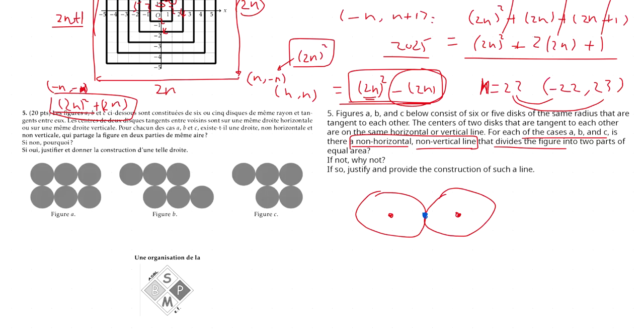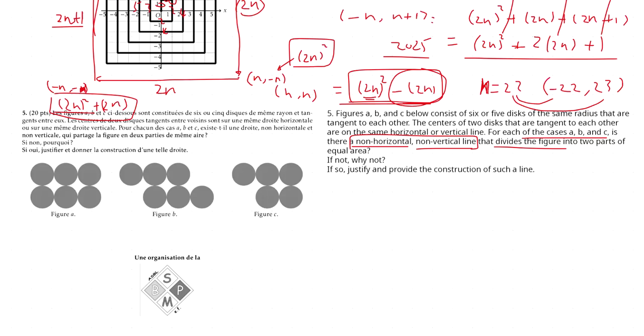So that means the blue point, the tangent point, is a center of rotational symmetry. So any line through this blue point will divide the shape into two halves.